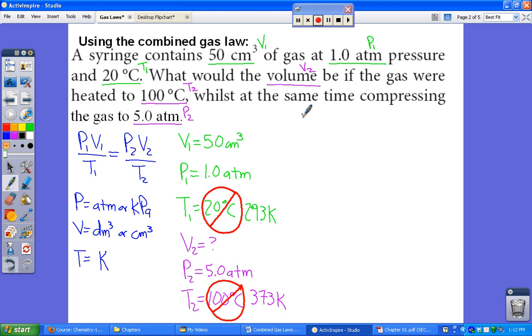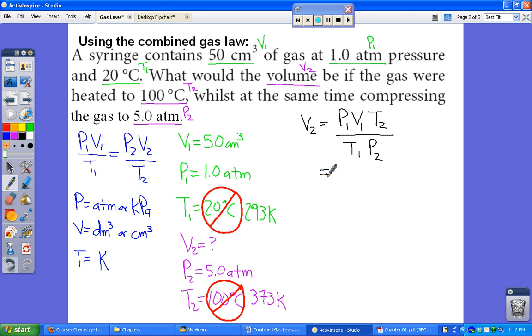Now we solve the problem. If P1 times V1 over T1 is equal to P2 times V2 over T2, if we solve for V2, my algebra teacher told me it would turn out like this. Now we substitute the things that we know, which my algebra teacher would have called the plug and chug part.